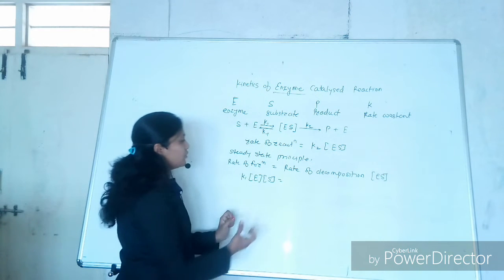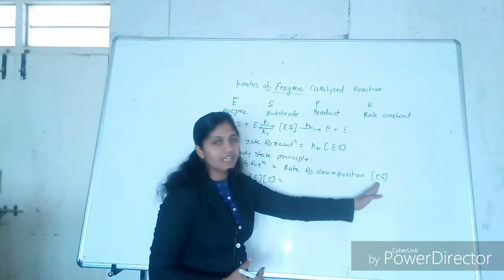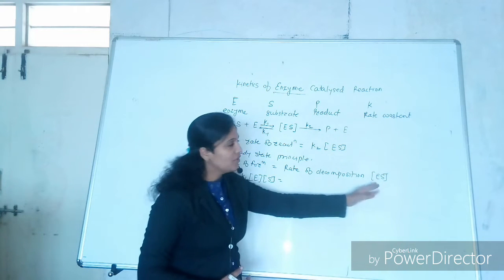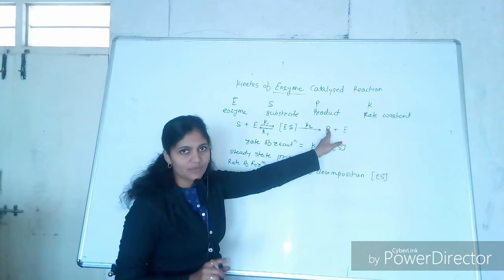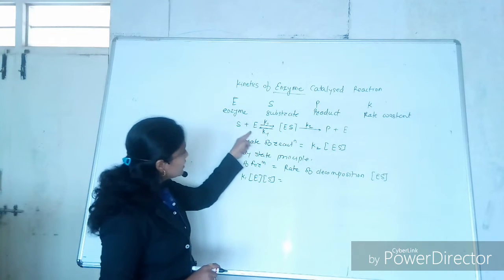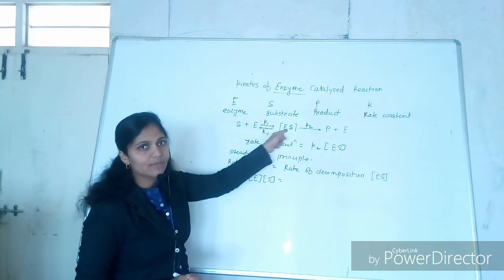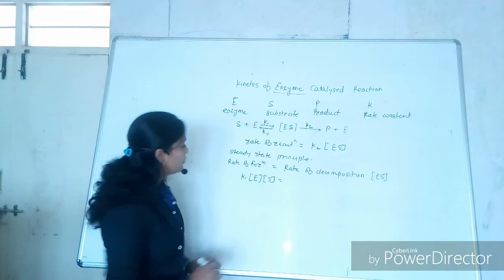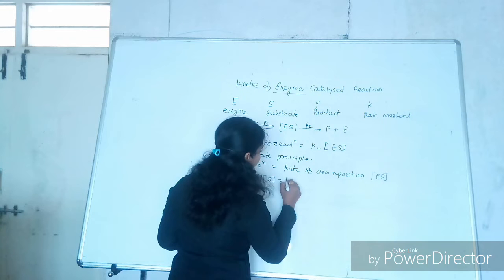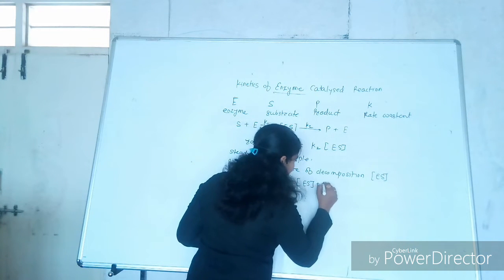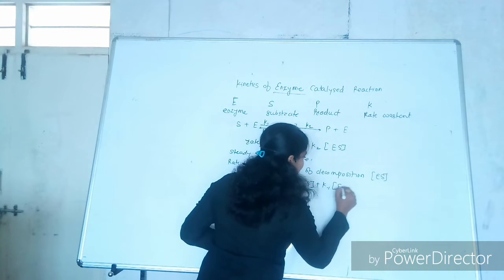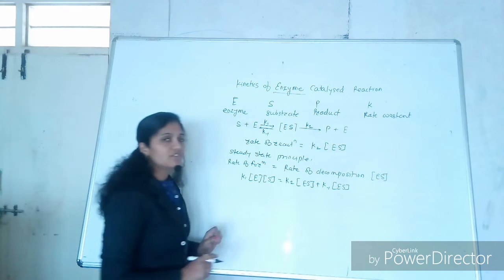Observe in which steps the enzyme substrate complex decomposes. The second step is a decomposition of enzyme substrate complex, and the reverse of the first step is also a decomposition. So collectively we can write K2 into concentration of enzyme substrate complex plus K minus 1 into concentration of enzyme substrate complex.